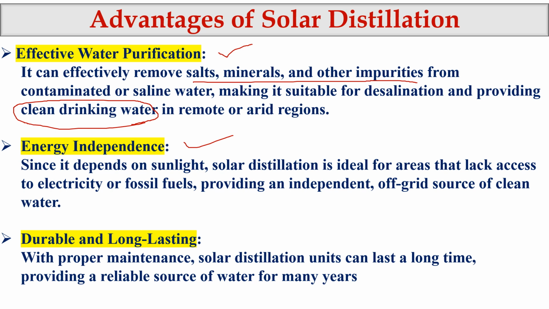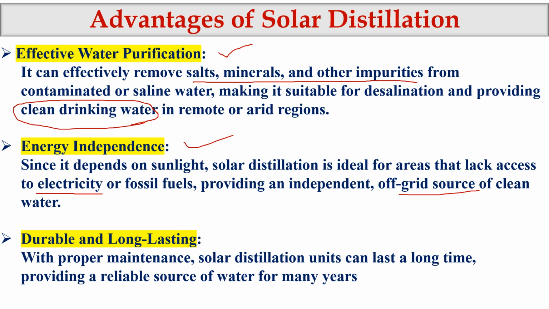Since it depends only on sunlight, solar distillation is ideal for areas that lack access to electricity. Even without electricity, by using solar distillation we can simply heat up the water and purify it. In off-grid scenarios, we can still run this purification setup to get drinking water.